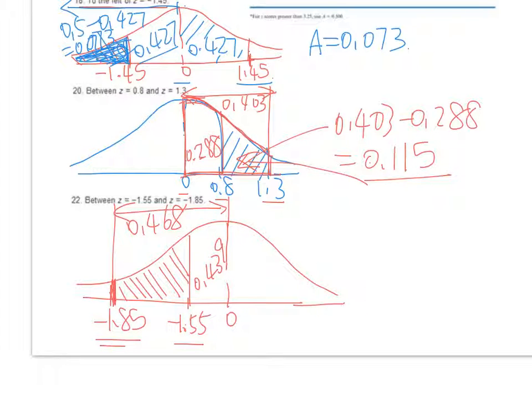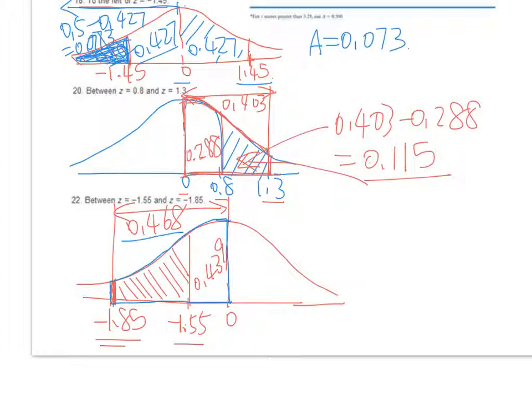So again, this is saying the area of the blue outlined region is 0.468, and this region right here is 0.439.